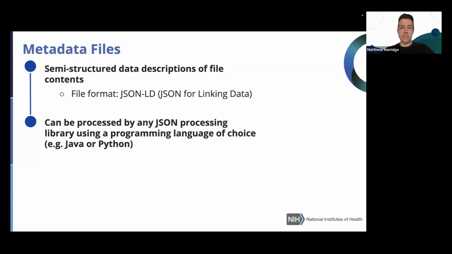But because this metadata is pure JSON, it can be processed by any JSON processing library using a programming language of your choice. So for example, Python or Java. Metadata files contain details about when, where, and how the data file was created. They also contain ontology terms that provide semantic descriptions of data file contents. Next slide, please.